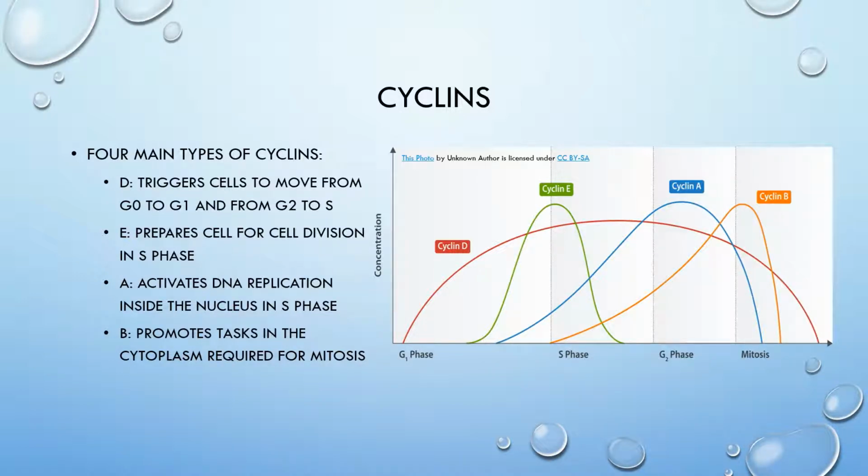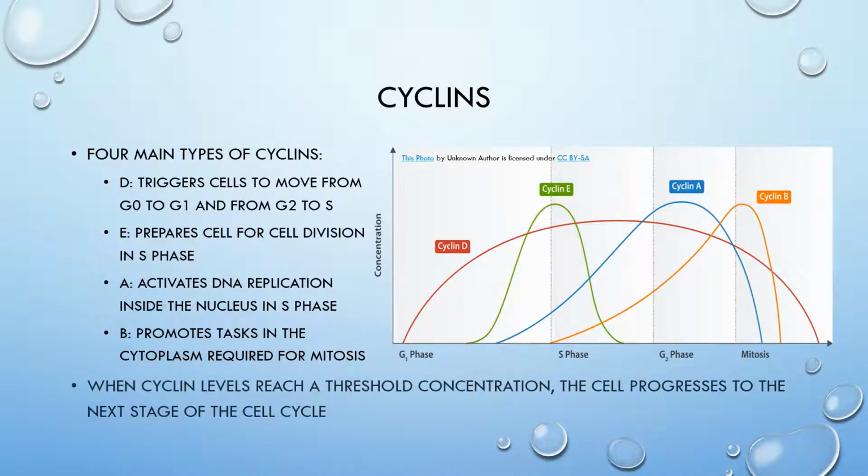You guys probably won't need to know the function of each cyclin. However, you guys will need to know how to analyze graphs and data that have information about each of the cyclins. All right, so when cyclin levels reach a threshold concentration, the cell proceeds to the next stage of the cell cycle.